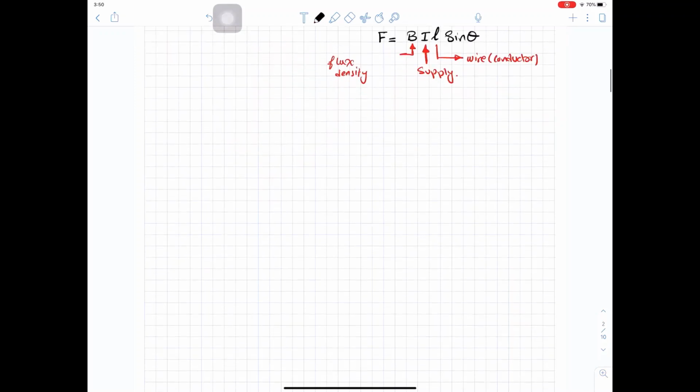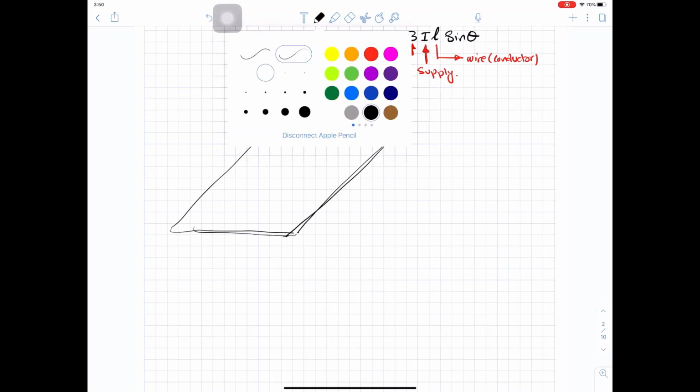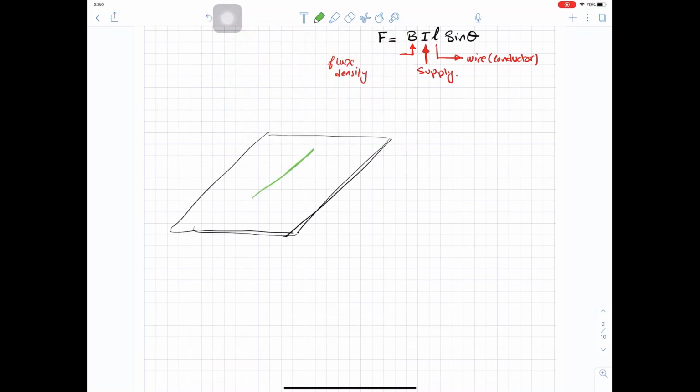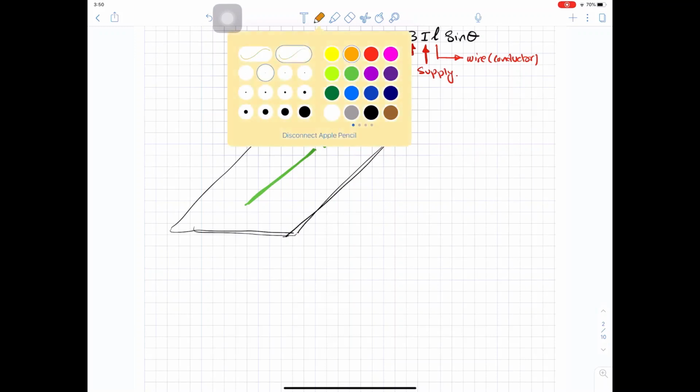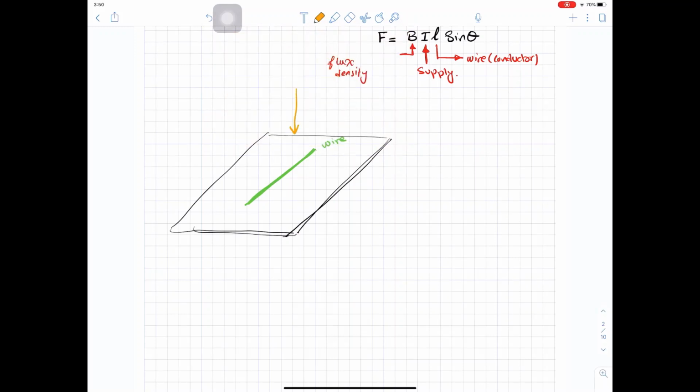So assuming this is the plane we have, assume that we have a wire. This is a wire or a conducting material. And this wire is subjected to flux, which is vertical flux perpendicular to the plane we have.